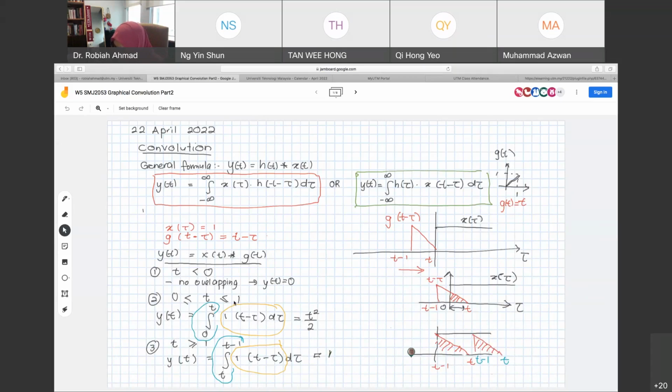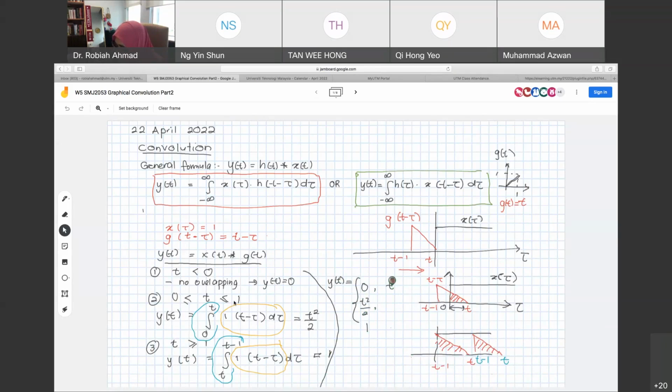I'll write it here. T equal to 0, T squared over 2, with 1 from before.